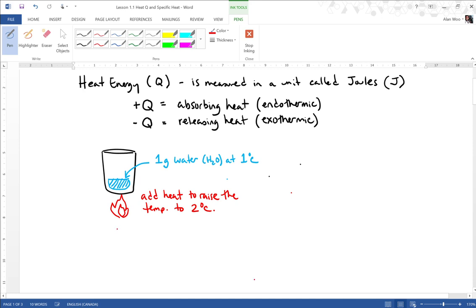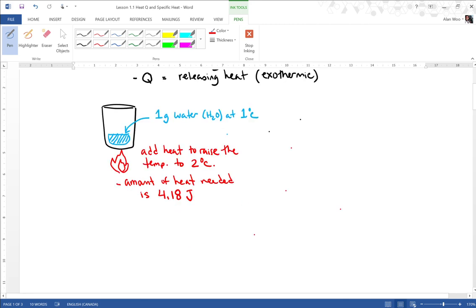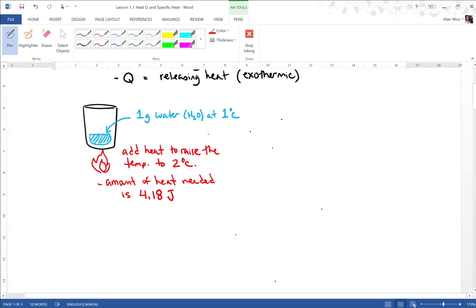Well, it turns out the amount of heat that we need to raise the temperature of 1 gram of water by 1 degree Celsius is exactly 4.18 joules. It doesn't seem like much, but we're only going up by 1 degree Celsius.